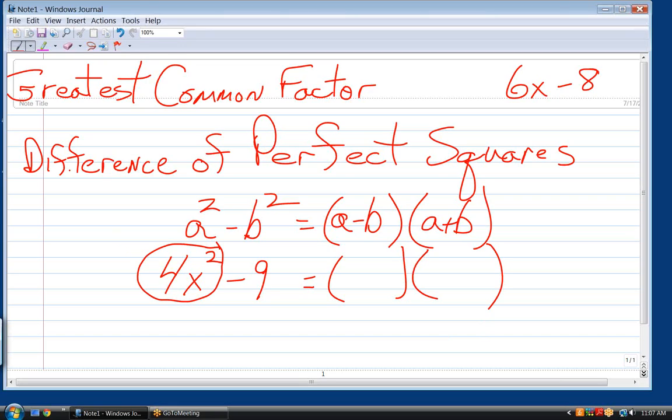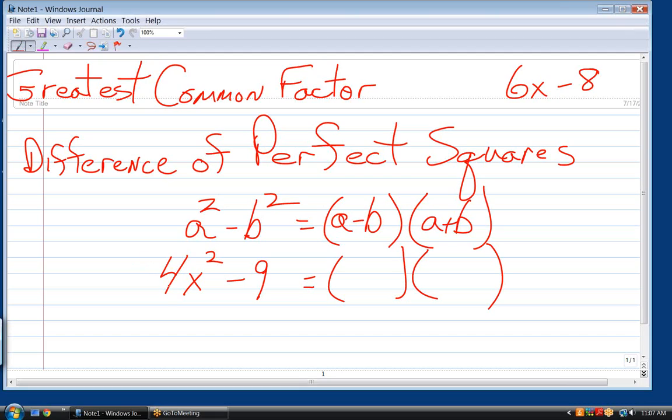The name is difference of perfect squares. So we're only going to use this if both terms are perfect squares. In other words, if I make that an 8, that's not a perfect square, so I wouldn't be able to use it if it was an 8. But as long as it's the difference of two perfect square terms, then we can use this factoring technique.